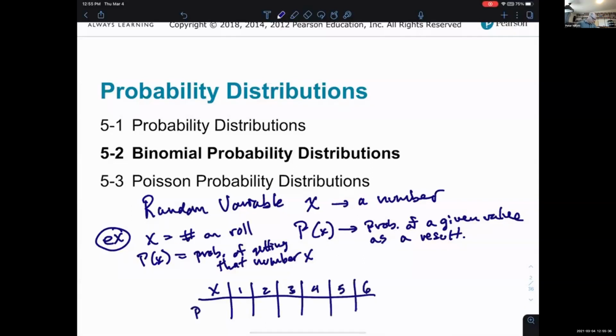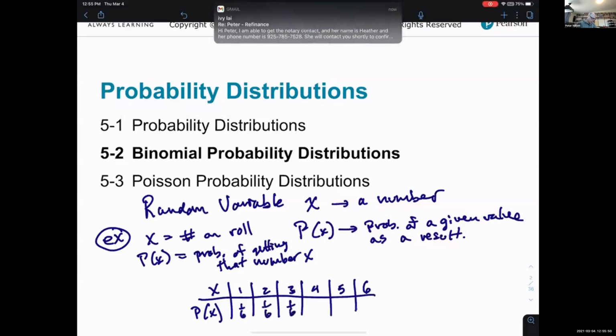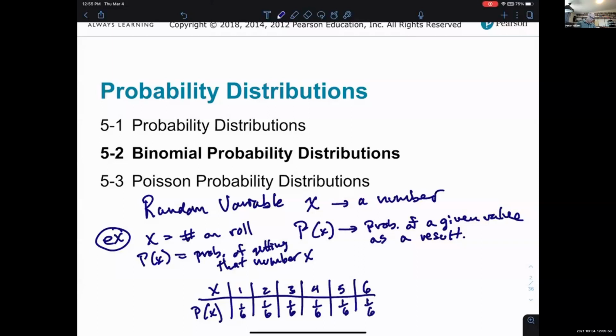And what would the probability be of getting each of those rolls? Well, the probability of getting a 1 when I roll the die, since they're equally likely, is 1/6. And that's the case for each one of these numbers. Each one of these numbers has a chance of 1 out of 6 that's the number I get when I roll the die. So this is an example of a probability distribution.